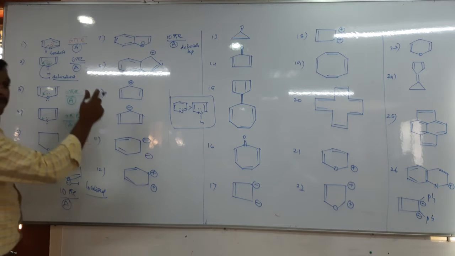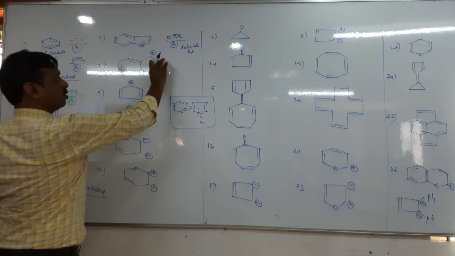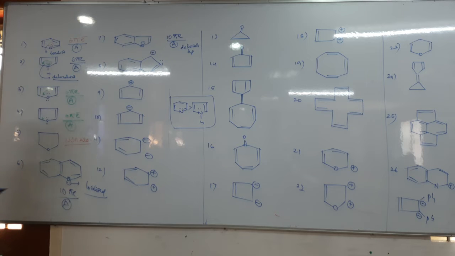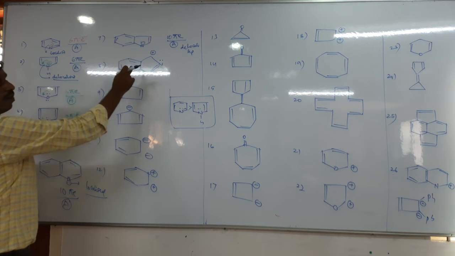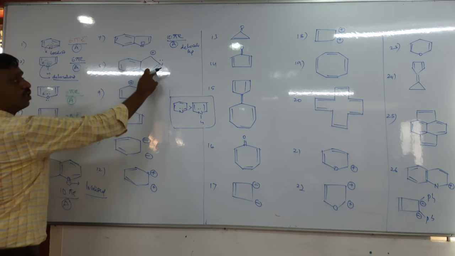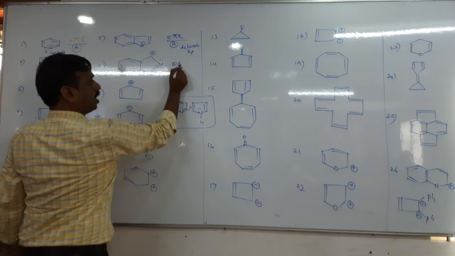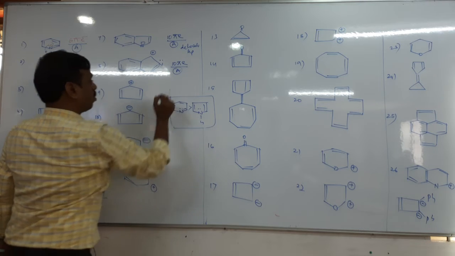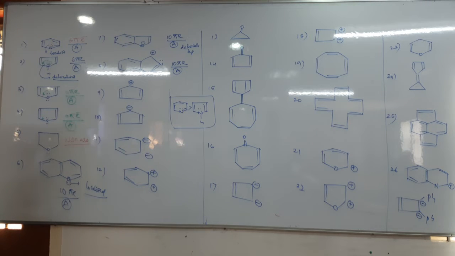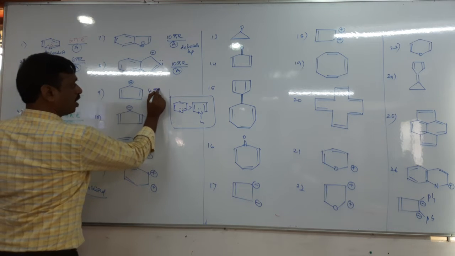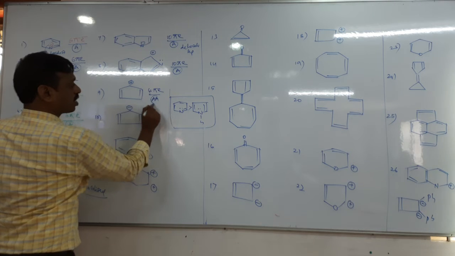Next, tell me, it is aromatic. Why? Number of pi bonds: 1, 2, 3, 4 pi bonds and one lone pair. It is 10 pi electrons. It is also aromatic. Next, tell me quickly. How many pi electrons? 4 pi electrons, anti-aromatic.